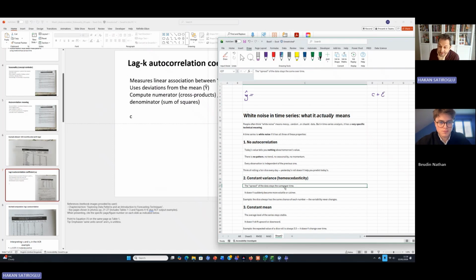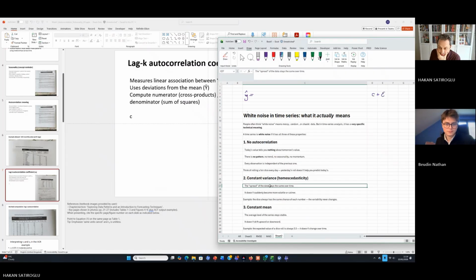The spread of the data stays the same over time. It doesn't suddenly become more volatile or calmer. So homoscedasticity is that. Check it in your data, because you need to check whether it has changed drastically or not.